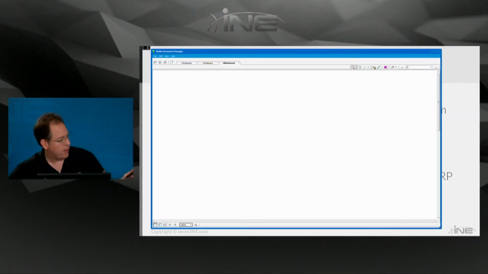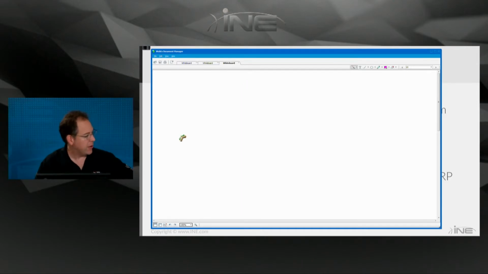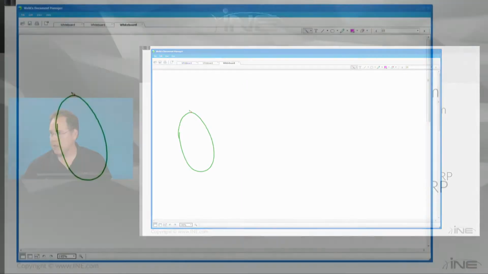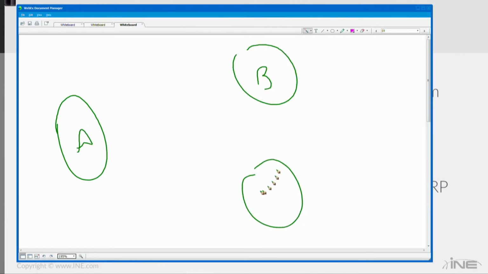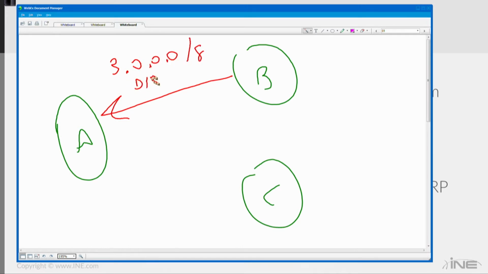So let's say as an example that here is router A, here is router B, and here is router C. Router B says, let me tell you about the 3 network, and the distance is equal to 7, and this is an EIGRP external route, meaning that some router somewhere used the redistribution feature to get that into EIGRP.